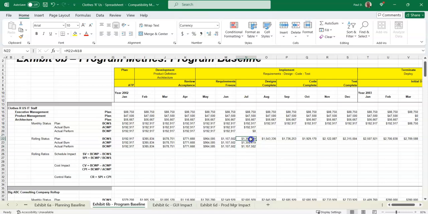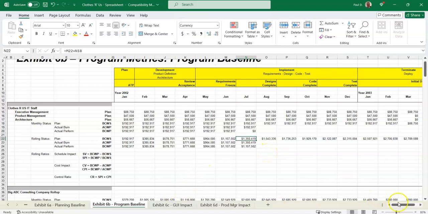And then the work scheduled is cumulative of what's above here for the BCWS. So everything up to here would be 1.35419, and down here 1.35419. So it's a cumulative work scheduled.